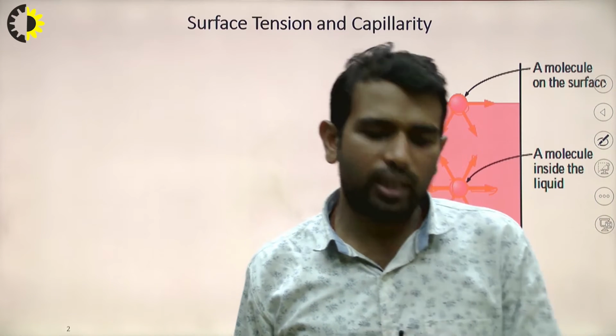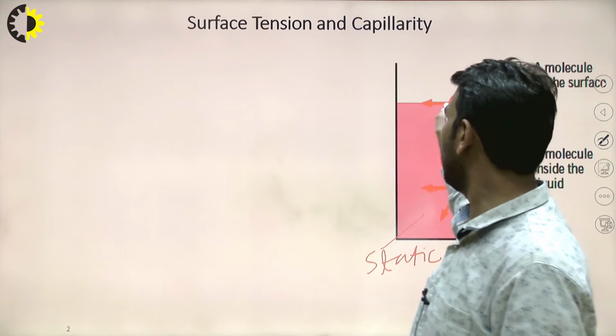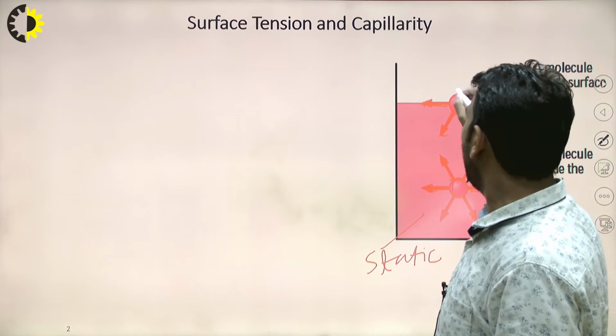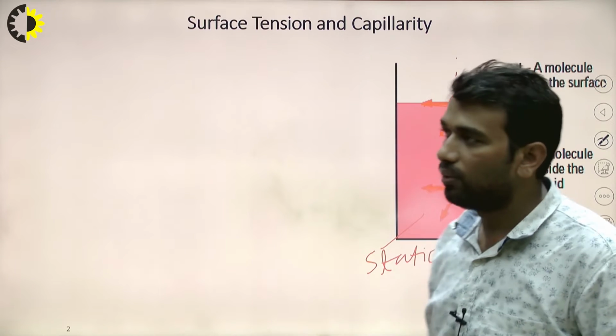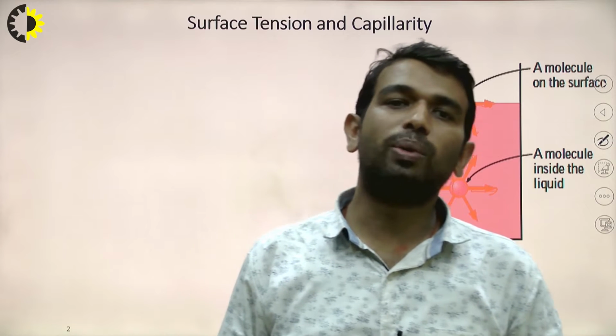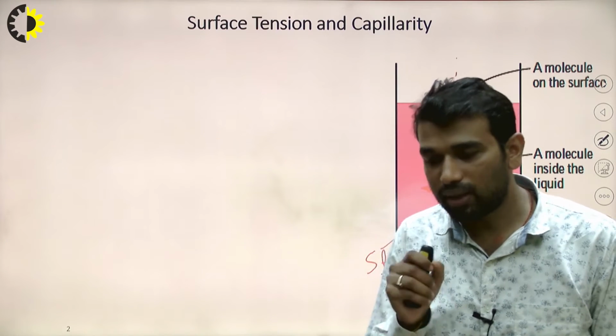So, the molecule which is staying at the surface, what is going to happen? The cohesive force is going to act from these directions only, but there is no force in the upward direction. So, what is going to happen? Definitely, if this fluid is static inside the container, this force must be balanced.